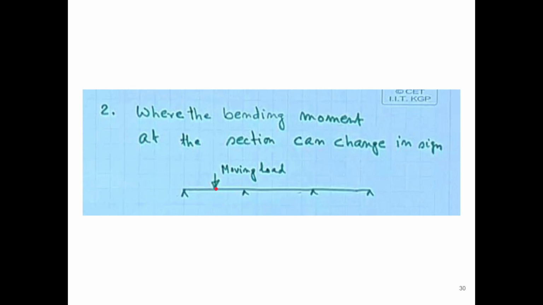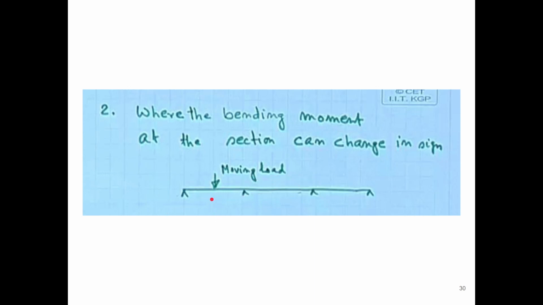But whenever the car moves from this point to this point, this portion will start behaving in a hogging manner. It will undergo sagging here, but hogging there. That means the upside portion will be under tension and the bottom portion will be under compression. But if we have not designed it as doubly reinforced, there will be no tension carrying capacity in the upper portion, because it is completely concrete. So it will not be able to withstand this load, because it is a moving load.